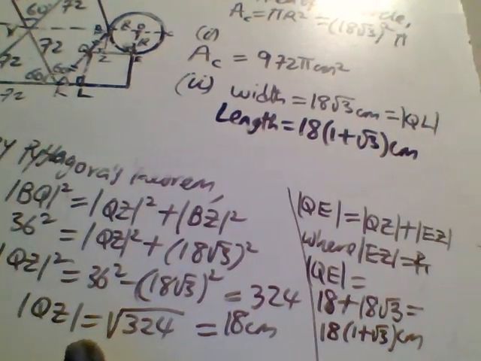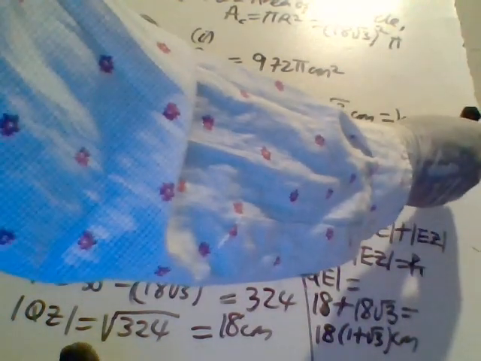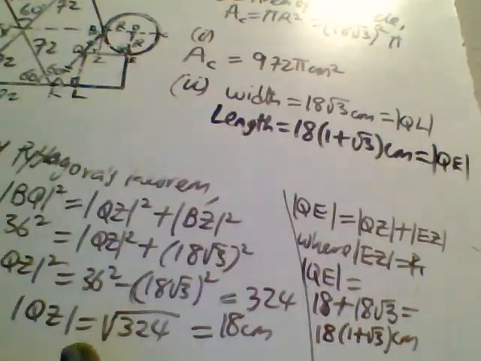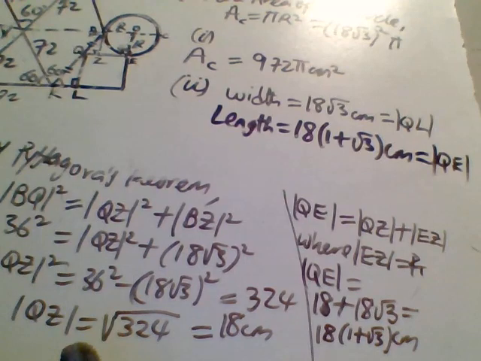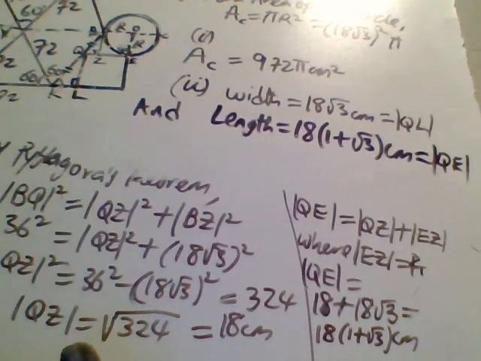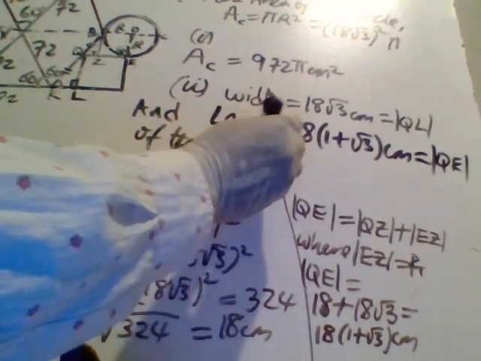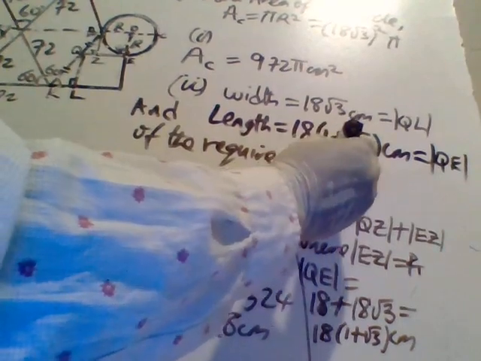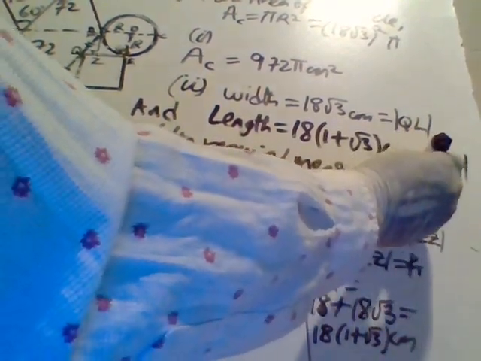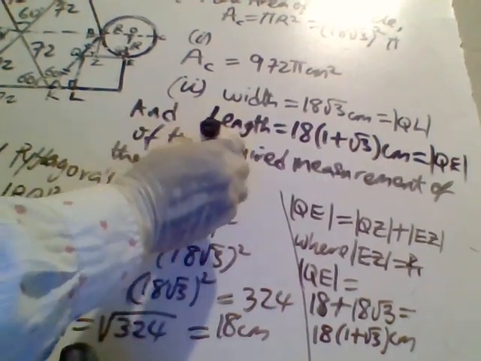That is the length of the rectangle. So that is it: width and the length. Width is equal to 18√3 and length is 18 in bracket 1 plus √3 cm, the required measurements of the rectangle.